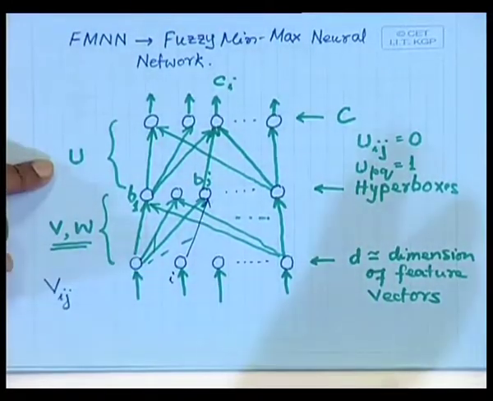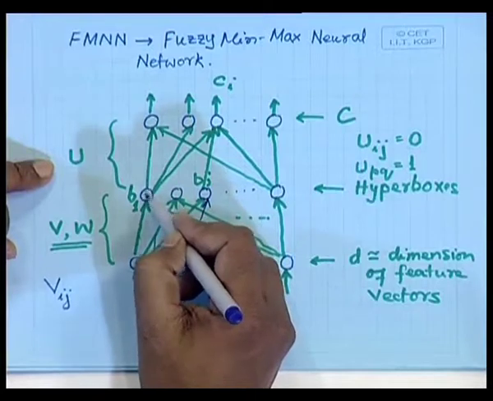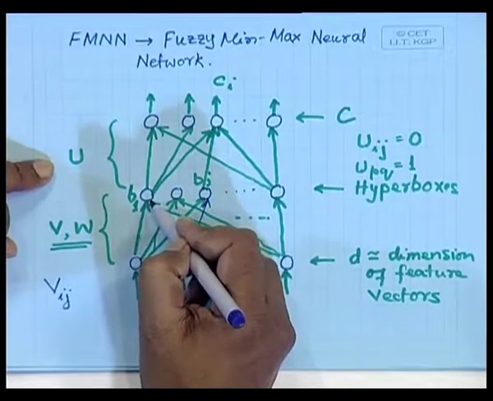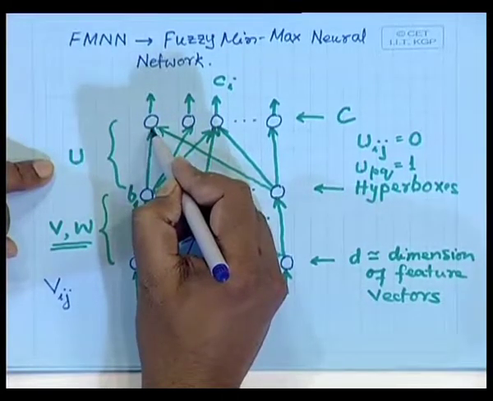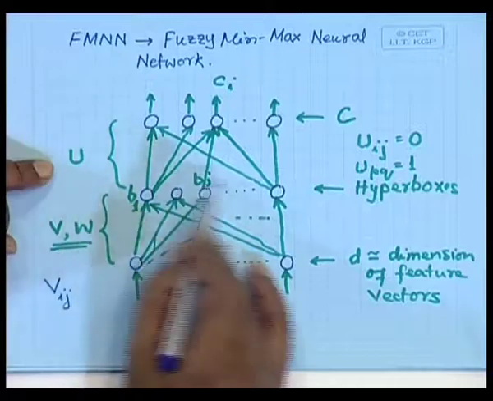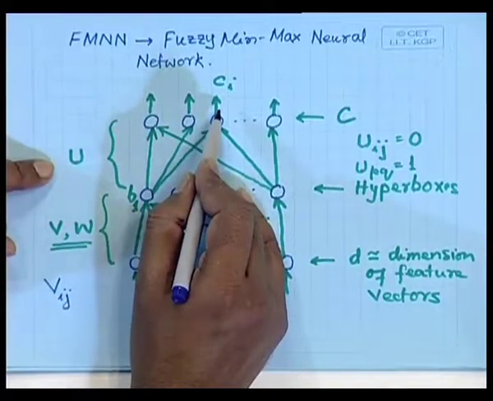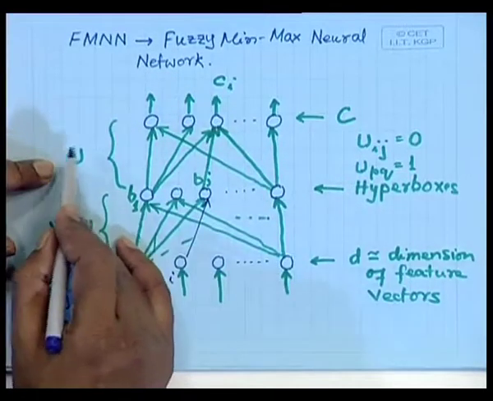All other elements in the U matrix are 0. That means I am making a connection from the hyperbox created in the middle layer to the class node C1 in the output layer, whereas other connections from hidden layer to the output layer are missing. All of them are represented by 0 in matrix U.